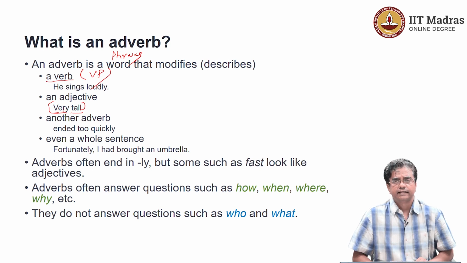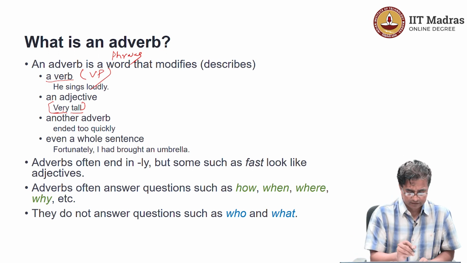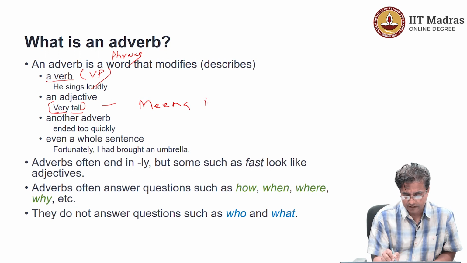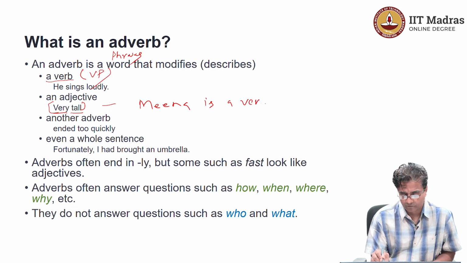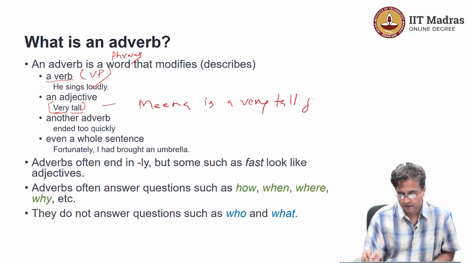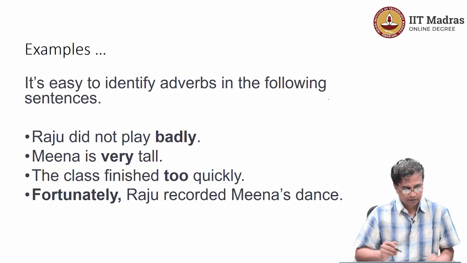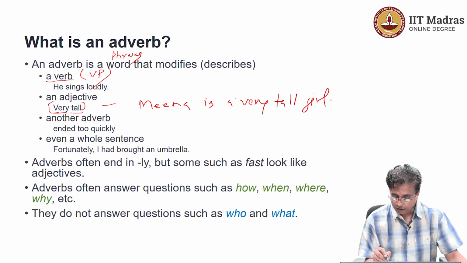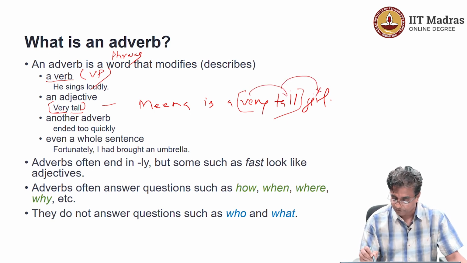And I can say, Meena is a very tall girl. Now my question is, very tall is an adjective to this girl now. Very is modifying this tall.